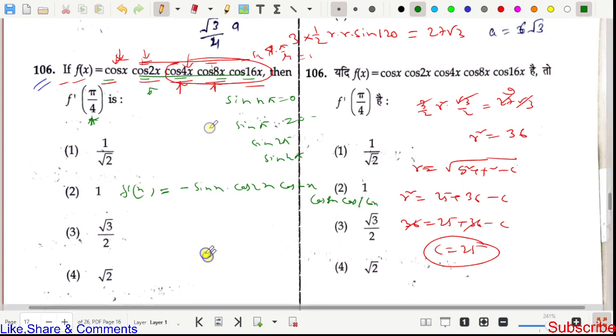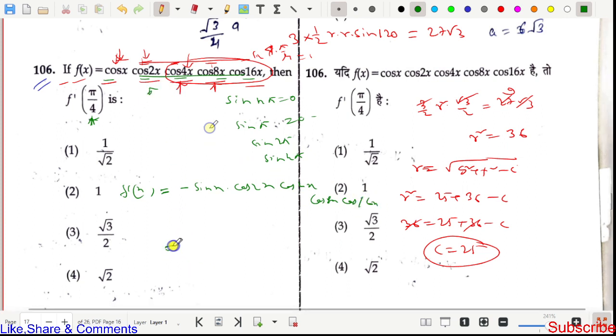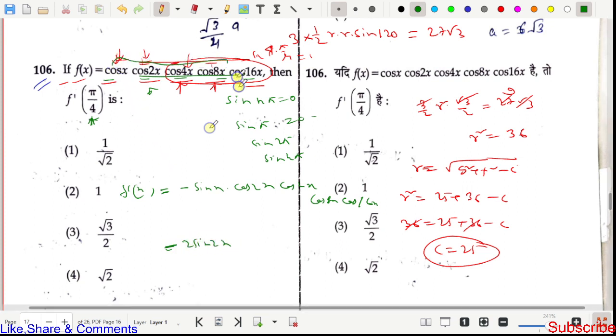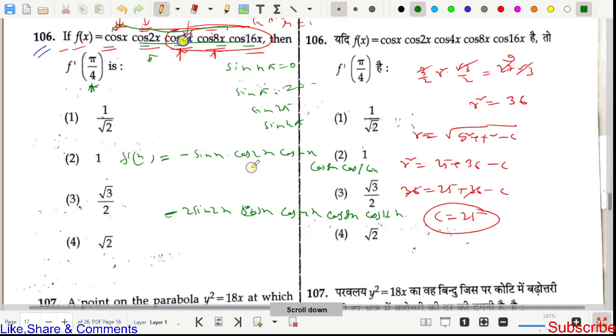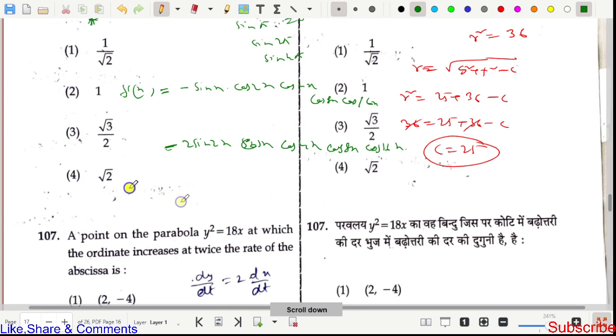Next term: minus 2 sine 2x, keeping the rest of the terms the same, that means cos x, cos 4x, cos 8x, cos 16x. Clear? And if we do the derivative of the other terms and put the value pi by 4, we'll get the result 0, since we get sine 4x, sine 8x, and sine 16x, and if we put the value pi by 4, the result will be 0. So no need to write all the terms.